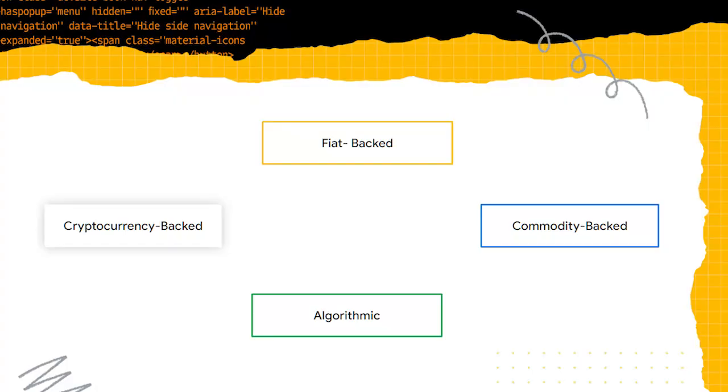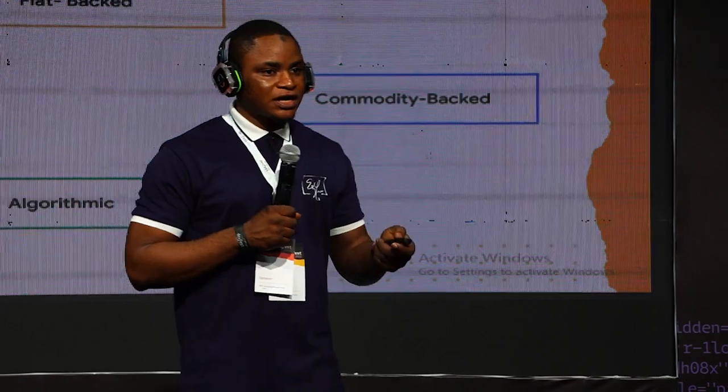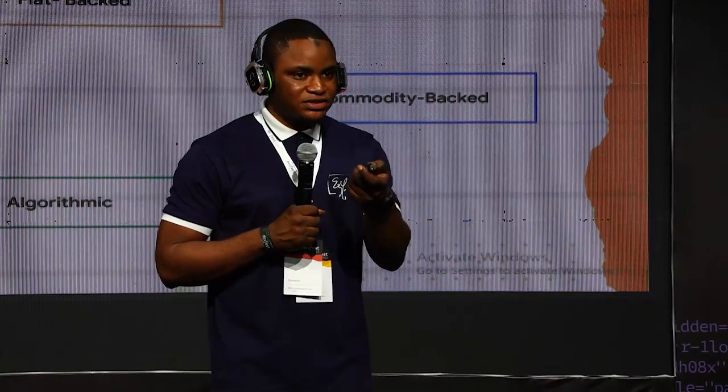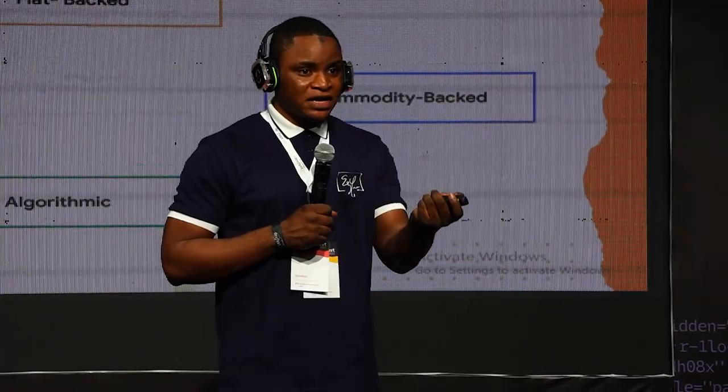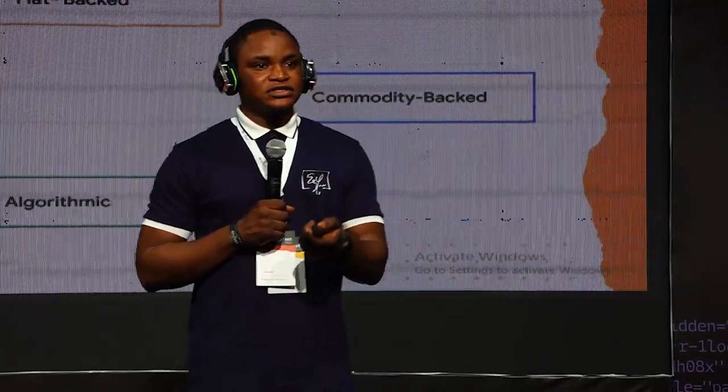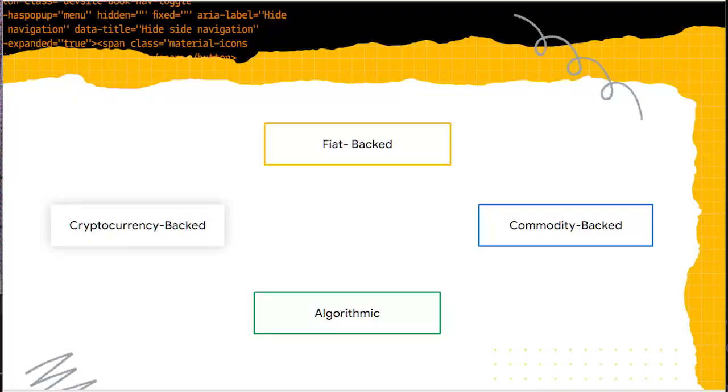In the other category, cryptocurrency-backed, we have a stablecoin that is backed by existing crypto. An example is BUSD, which is on Binance. They create a USD coin and peg it against the Binance coin itself. The next one is commodity-backed. Here you have Theta. Has anyone heard about Theta?